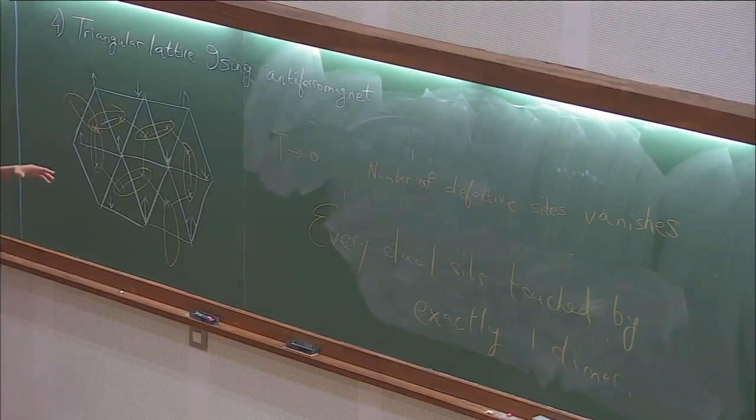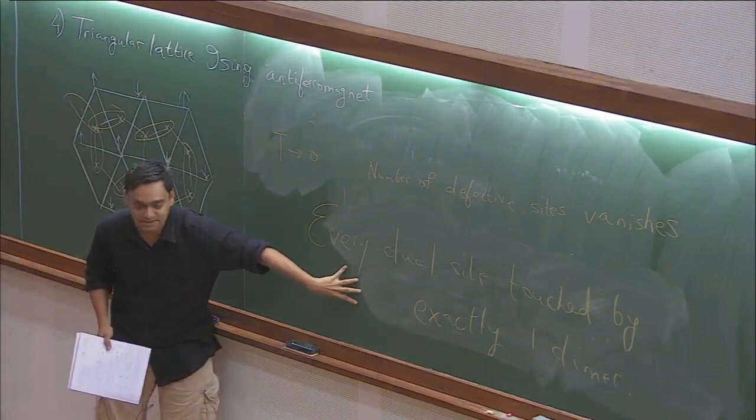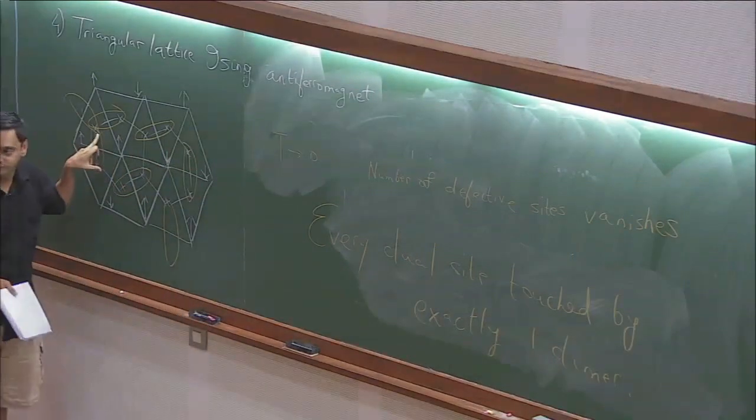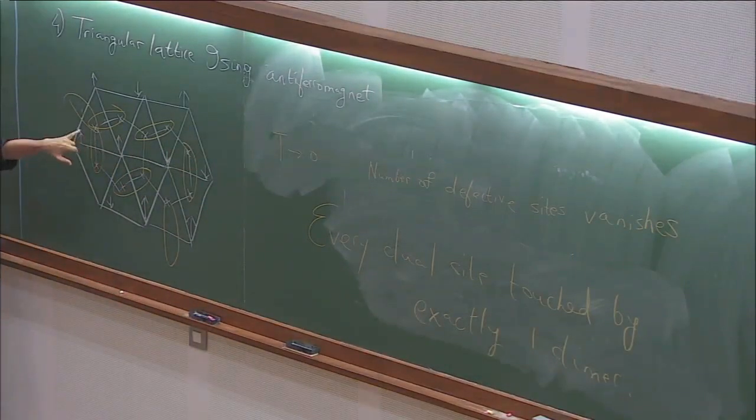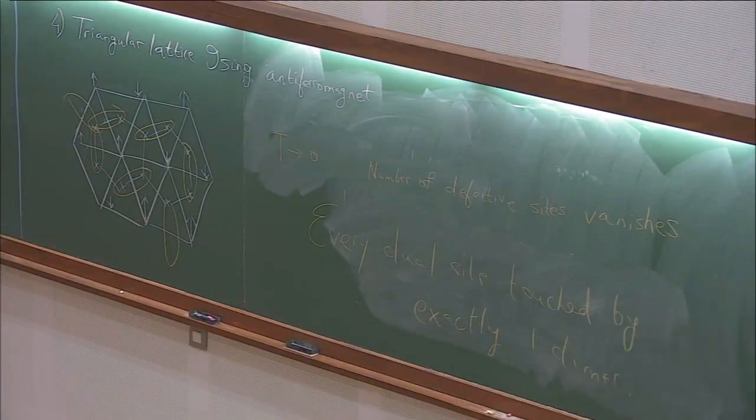So now if you're at non-zero temperature, apart from this dimer subspace, you will have these defects, right? But you can never have a defect where a site is touched by nothing, okay? I mean, you can study dimer models that do that, but they're not relevant to the physics of our Ising model. And there's a reason.